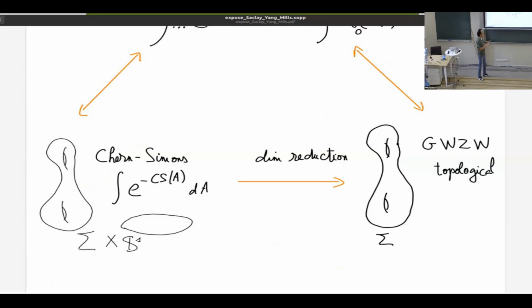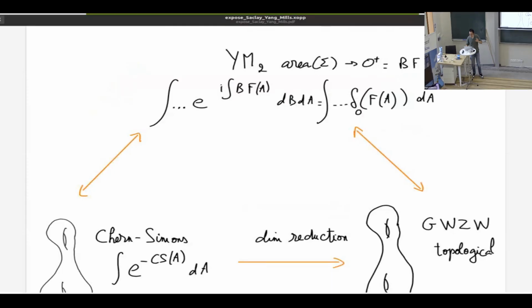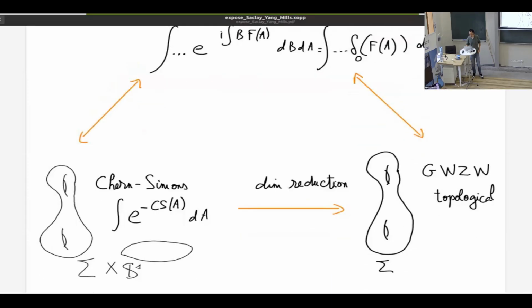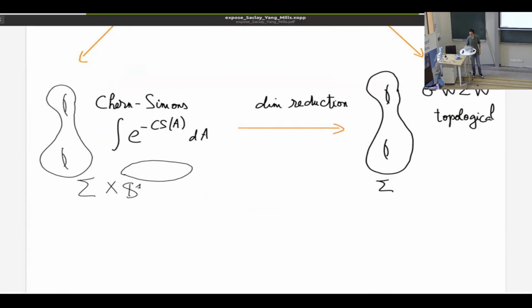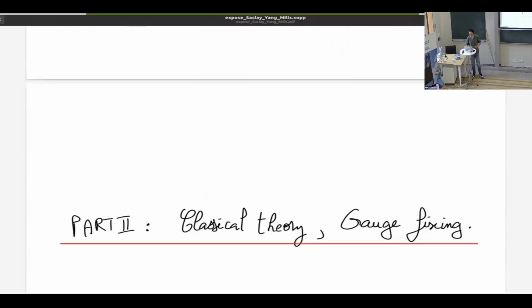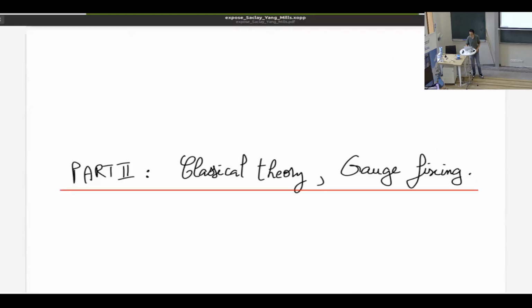Okay, so maybe don't ask too many questions, because this correspondence for the moment is beyond my pay grade. I will focus only on the Yang-Mills. But it seems very intriguing, at least to me, to understand this correspondence.